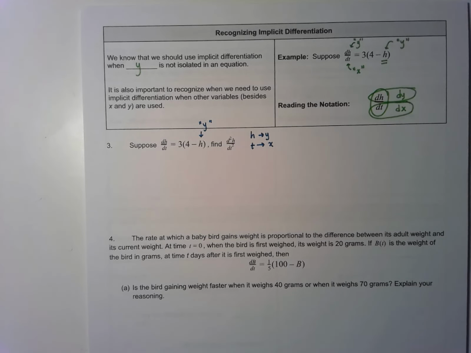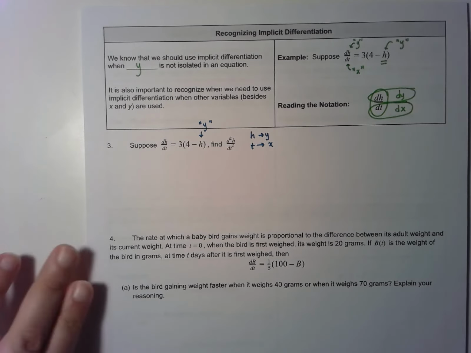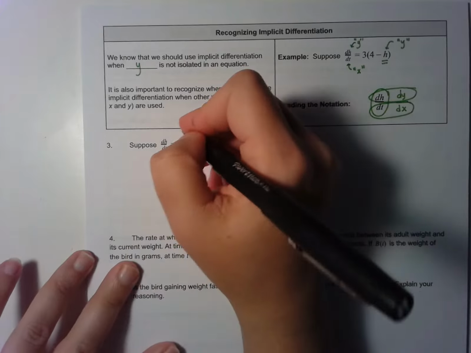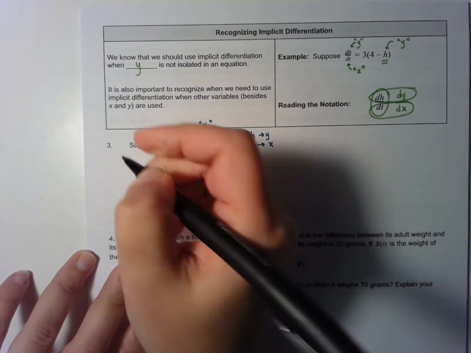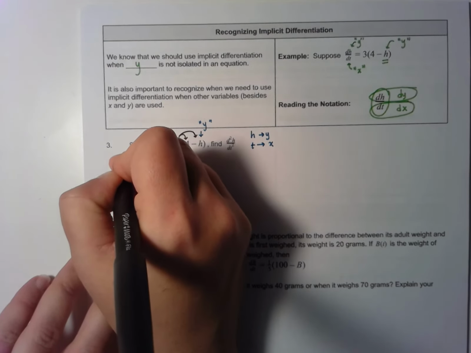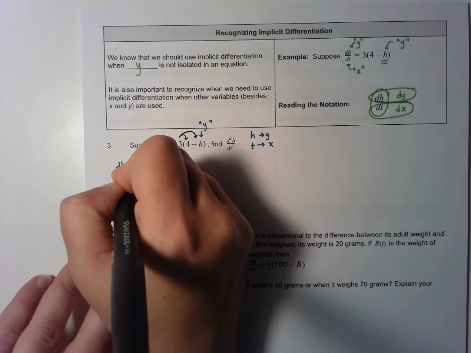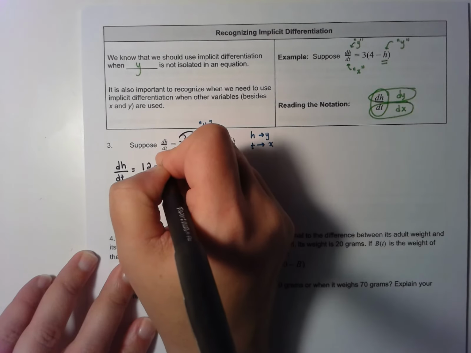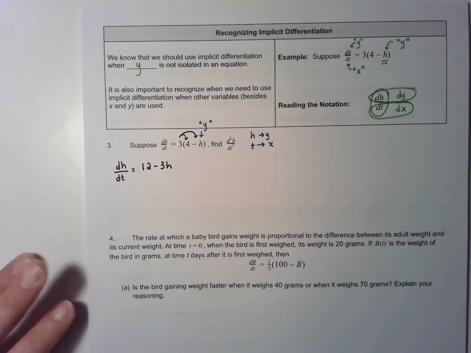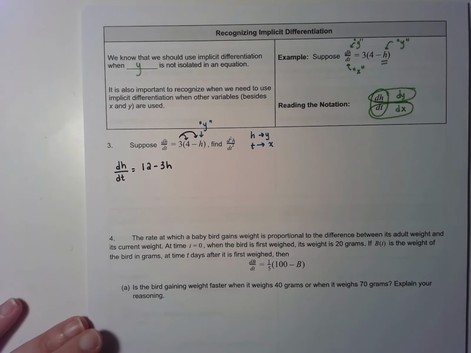Now, there are a couple things that we can do to make our lives easier here. Now that I know I need to use implicit, that's step 1. Step 2 is I can actually make my life a little bit easier here by just simplifying the equation before I start. So I would distribute the 3. So dh over dt, again, I'm not taking the derivative yet, I'm just simplifying, would be 12 minus 3h. Then I would take the derivative.